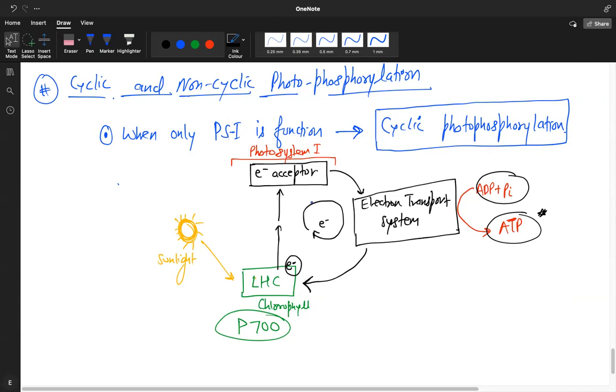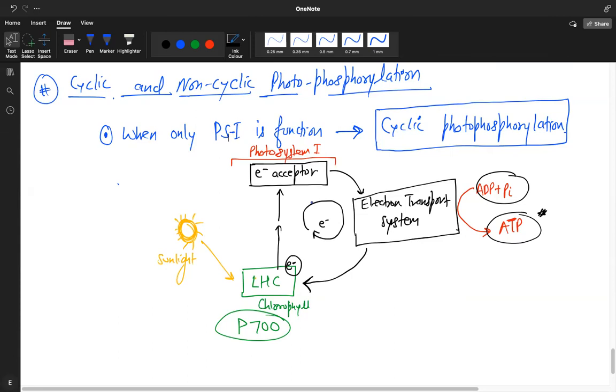Cyclic? Why cyclic? Why not non-cyclic? It has both the photosystems. But you're providing only 700 nanometers wavelength, so only photosystem 1 will get activated and not photosystem 2. Correct? Yes. Sir, one more question. In cyclic photophosphorylation, water is not broken.